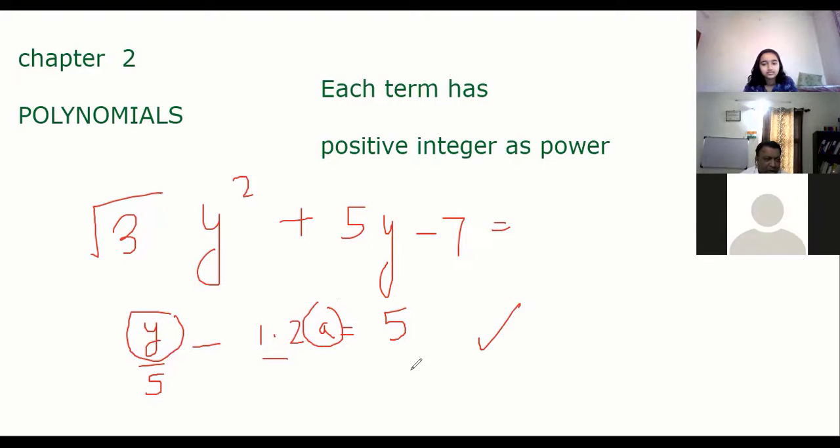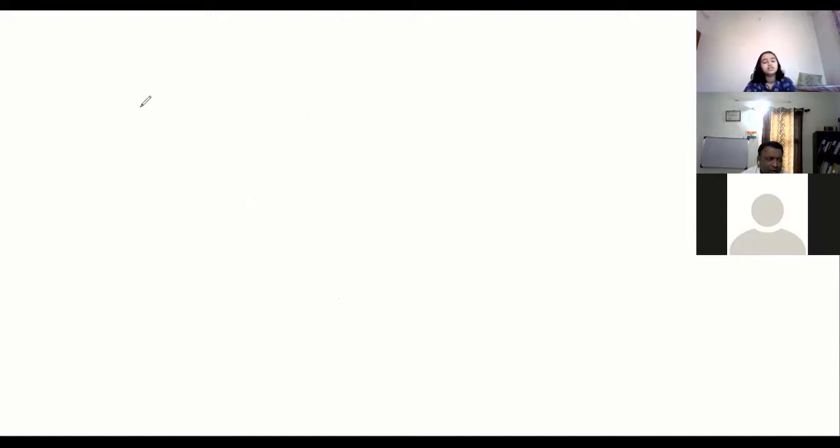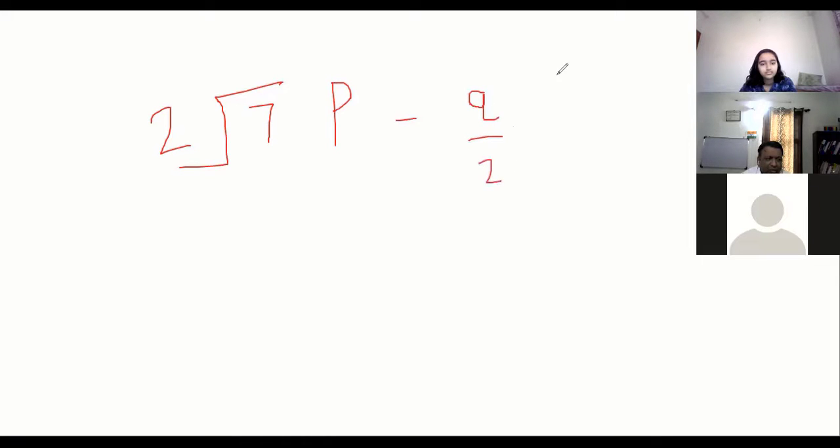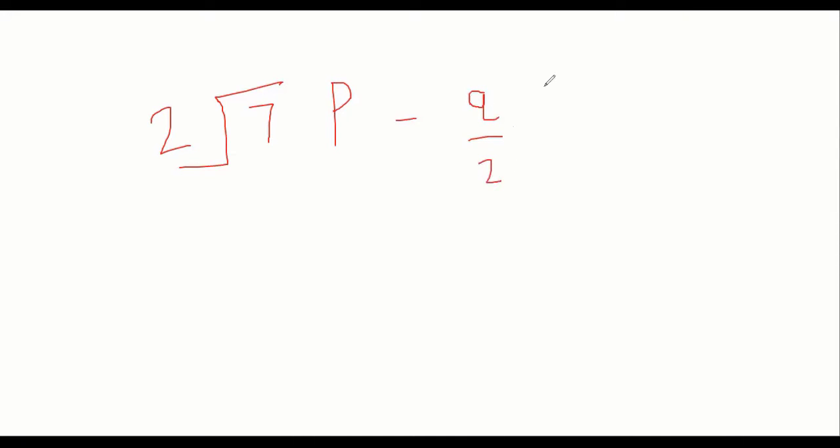Good. Let's do one more question. Dhruv, tell me, is it a polynomial or not? Unmute. Yes, sir. If I say 2 root 7 p minus q by 2 equal to root of y, is it a polynomial or not, Dhruv?